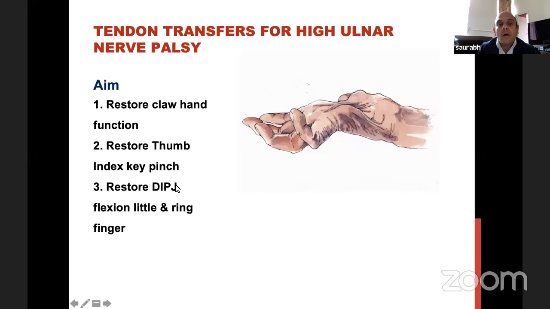Then your interossei are responsible for abduction of your index finger. So it's responsible for this thumb pinch. So we need to attach something to the first dorsal interosseous. And then your FDP: we need to get your DIP, little and ring finger flexion back. So these are the three tendon transfers we need to know about.